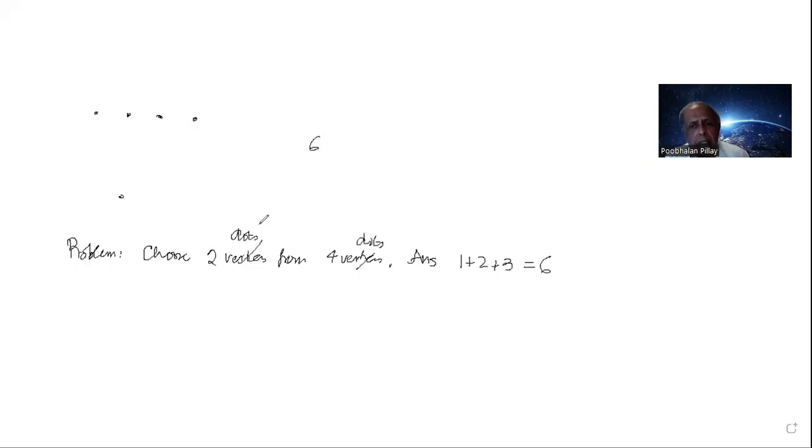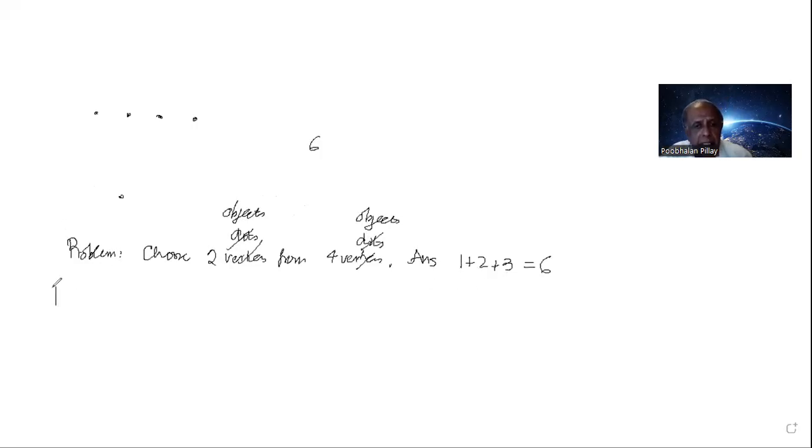It doesn't matter whether it's dots or whatever it is. In general, it's 2 objects from 4 objects. Could be 2 people from 4 people, or 2 cars from 4 cars. So you want to choose 2 objects from 4 objects, and the answer is 6.